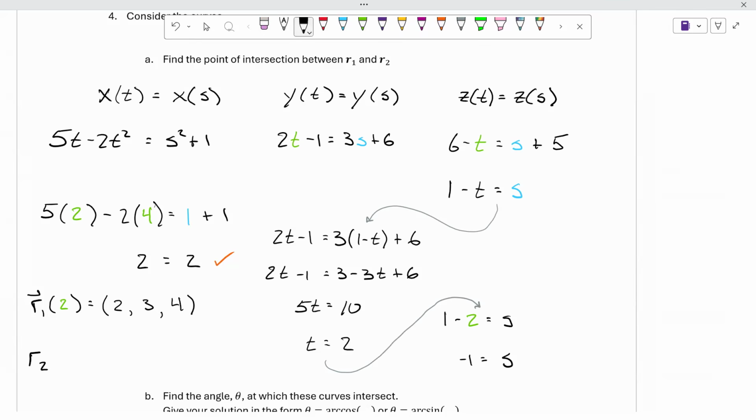Alternatively, I could have done R2 of -1, and I better get the same thing. Again, I'll get 2, because -1 squared is 1, plus 1 is 2. -3 plus 6 is 3, and -1 plus 5 is 4. Cool, so that worked. Got the same thing for both, which is what we expected, right? We wanted these two curves to intersect, so they had better be at the same point.